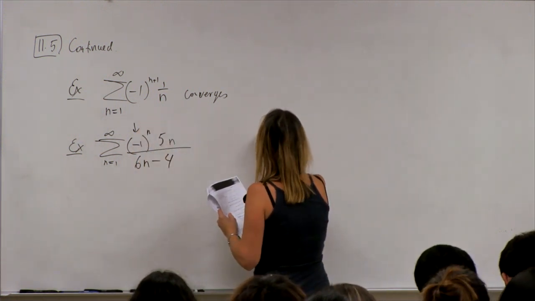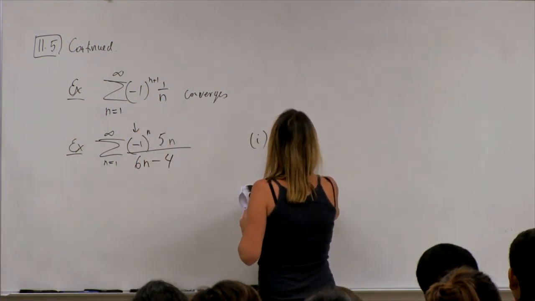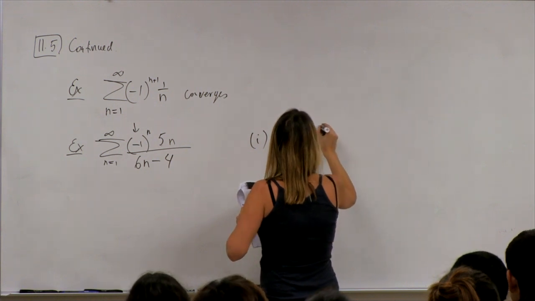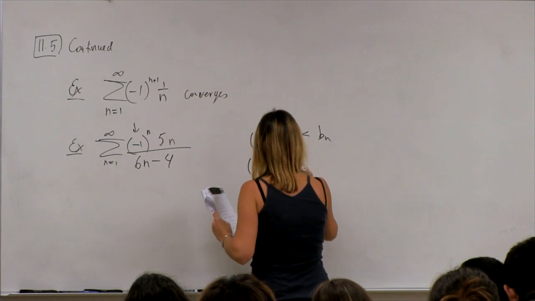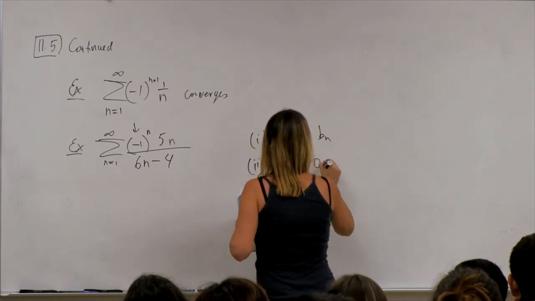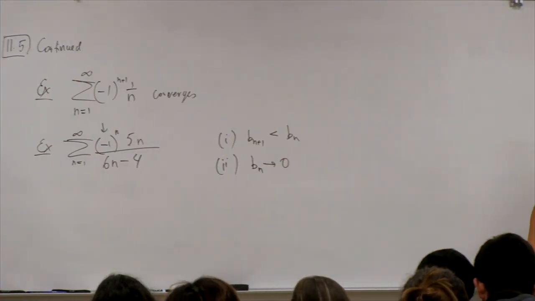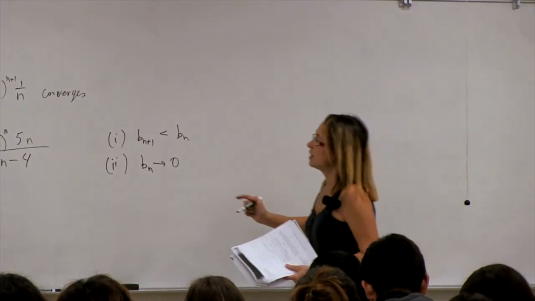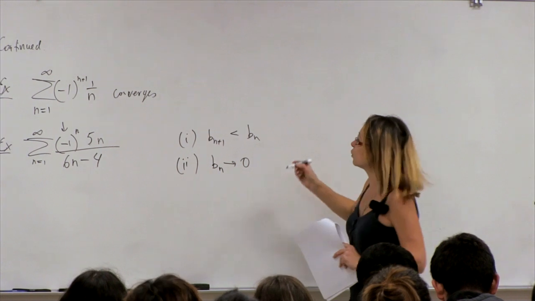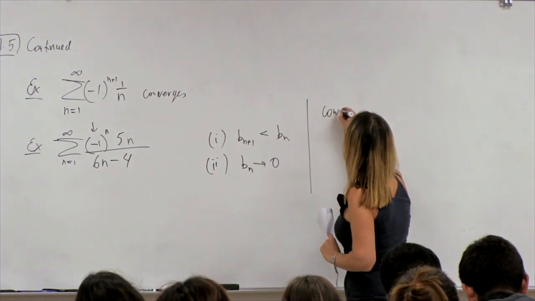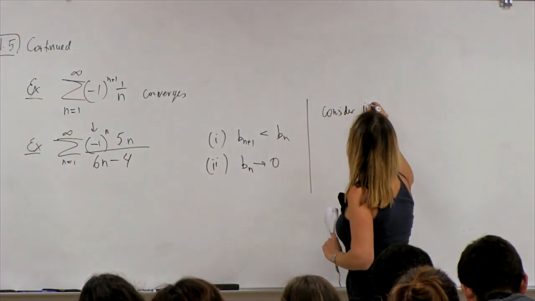So the first condition is b n plus 1 is less than bn, and the second is the limit of bn's is 0. Right. So here, let's not worry about condition 1 at first. Consider condition 2 right away.